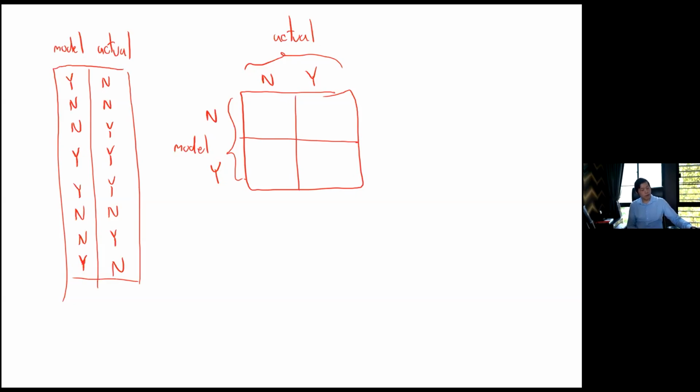We have four names: true negative, true positive, false positive, false negative. So what should we call this? Model yes, actual no. What should we call this one? Now answer. Correct, it's false positive.